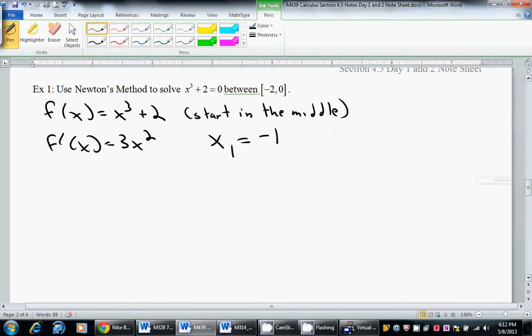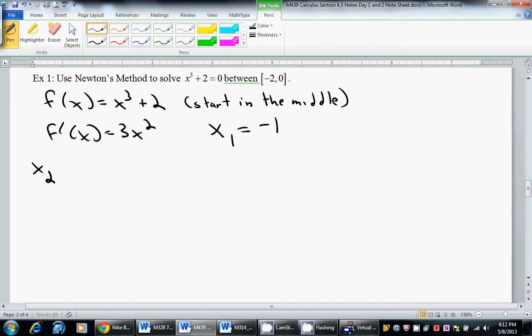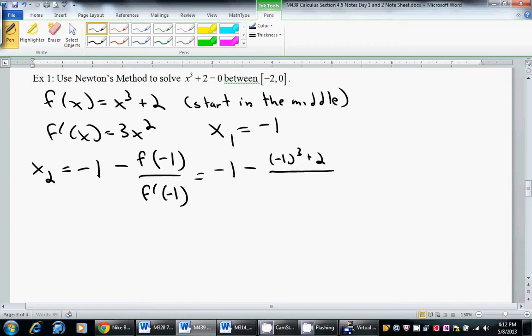Now, let me try to get x sub 2, my next guess for the x-intercept. So x sub 2 is going to equal my previous guess, x sub 1, minus f of x sub 1 over f prime of x sub 1. Which is going to equal -1 minus f of -1, so if I plug -1 in for f, there's -1 cubed plus 2 over f prime of -1, so 3 times -1 squared.